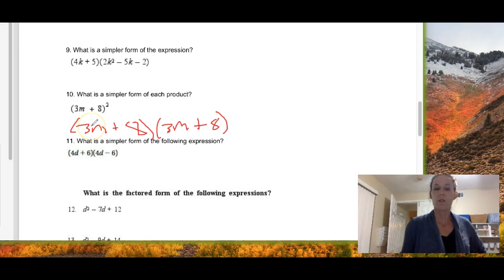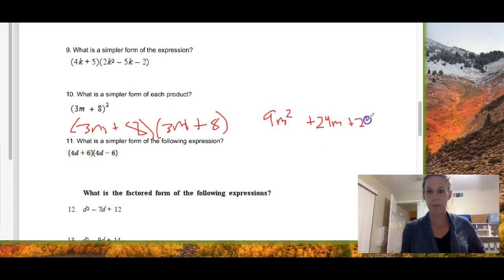All right, so you're going to have to FOIL this. 3m times 3m is 9m squared. And then the outer terms, you're going to get 8 times 3, 24m. Then the inner terms, 8 times 3, plus 24m. And then you're going to get 8 times 8, which is 64.